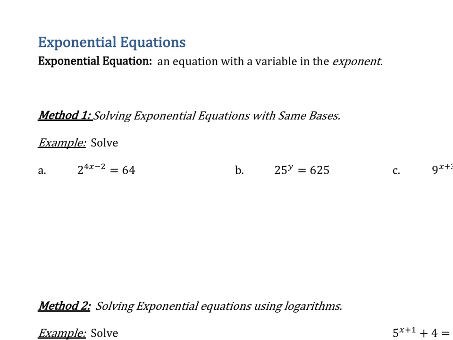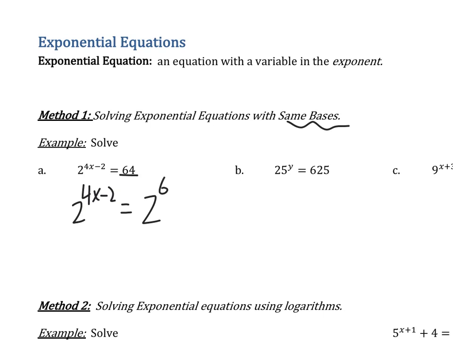Which brings us to solving equations here now, all right? The key here, when we're solving these equations, if it's an exponential equation, if we can write it with the same base, then that works pretty nice, all right? Here we have 2 to the 4x minus 2, and so we have 64. So we ask ourselves, is that 2 to some power? And if you go through your powers, it is.